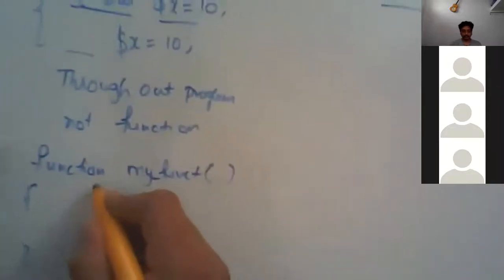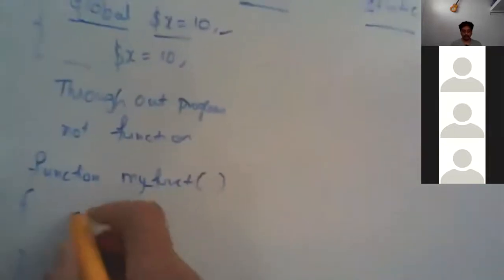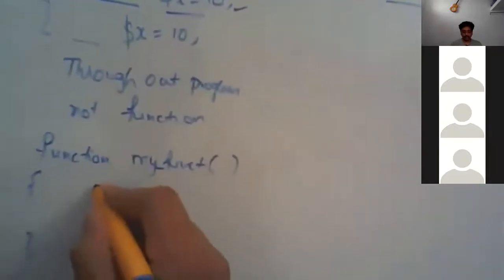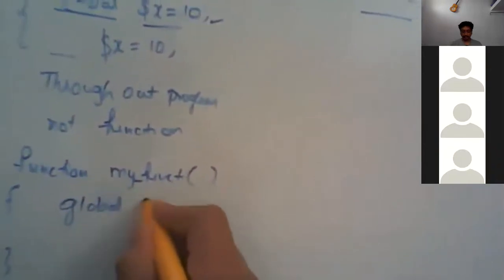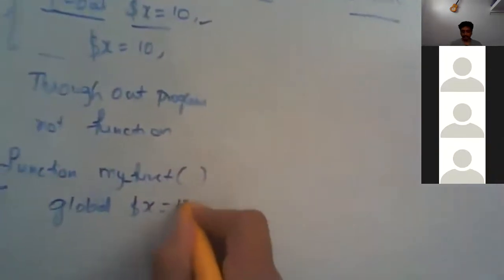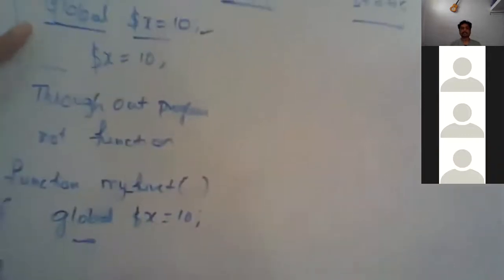If I want to use this variable inside my function, I need to call it back again with the keyword global: global $x. Now you can use this global variable inside the function.